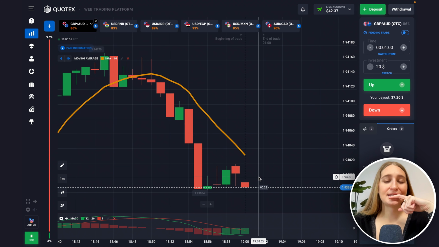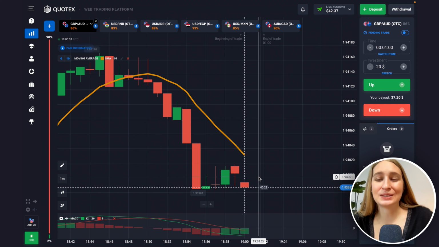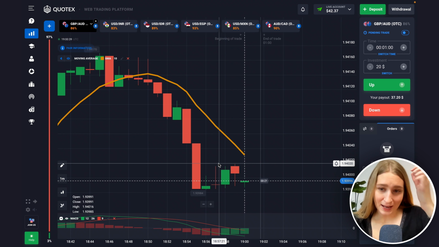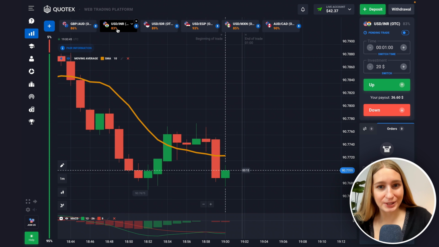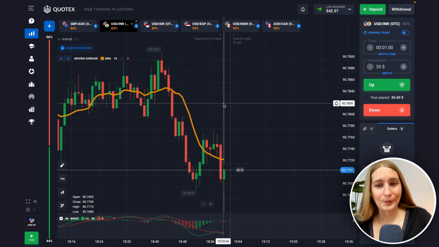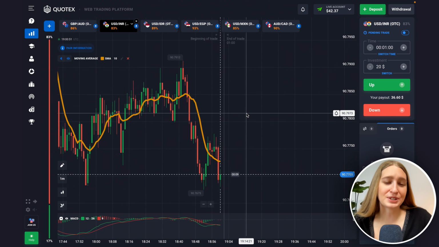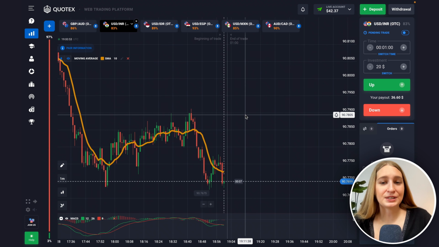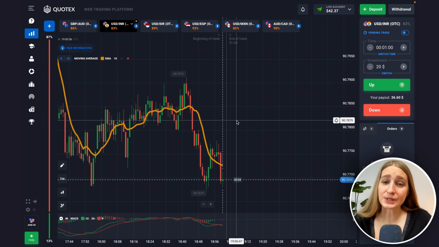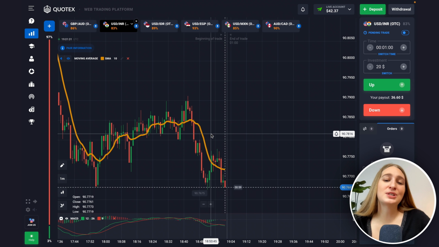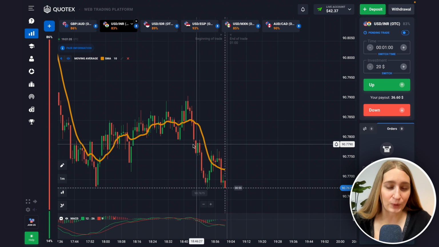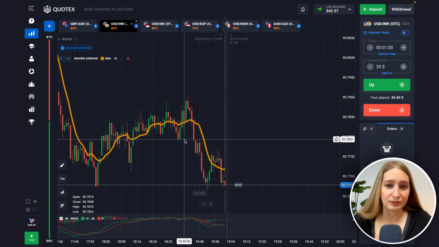So let's go to another currency pair, and let's zoom out, of course. Let's just check. I suppose you see a chart of the currency pair. The chart is directed upwards, as you can see. So, how can you understand which currency is getting more expensive and which currency is getting cheaper? Imagine a scale.